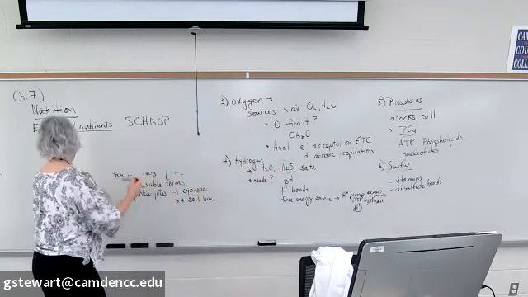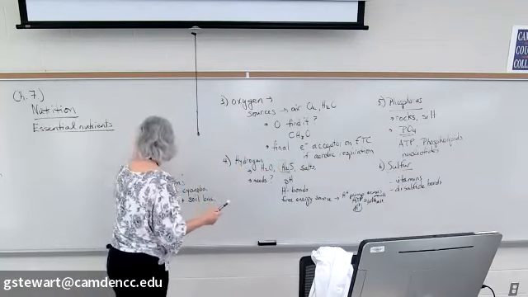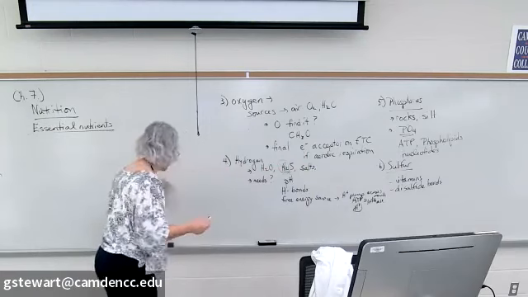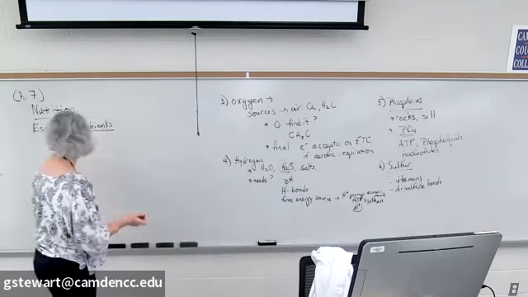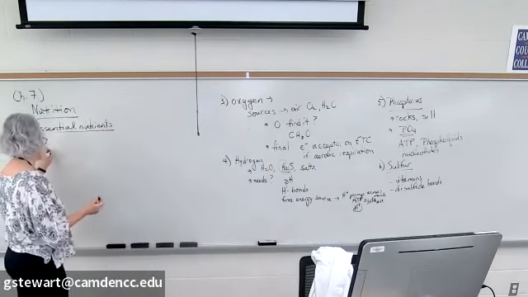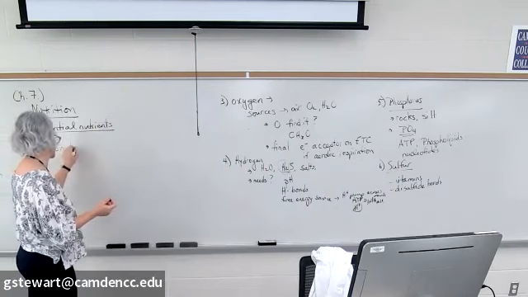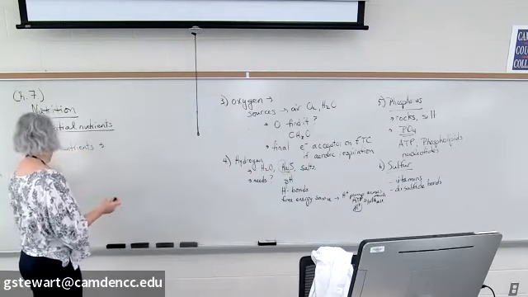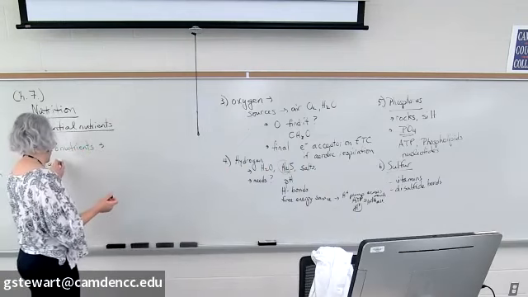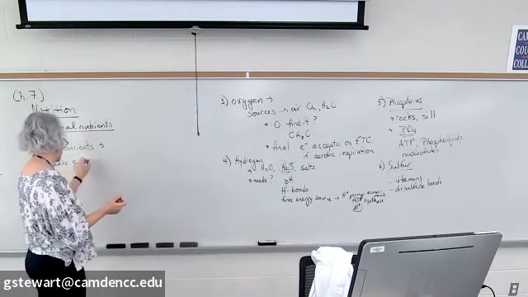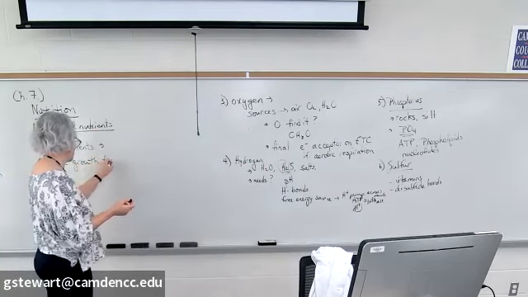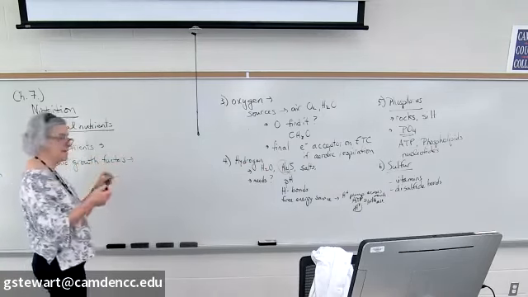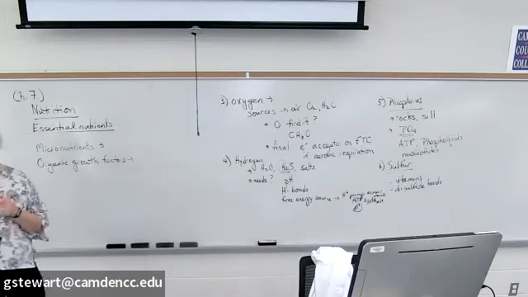So, right, an essential nutrient is something you can't make, just like an essential amino acid is one that you can't make. Of those micronutrients, we have those, and then we also have organic growth factors. Well, that usually means, again, vitamins.